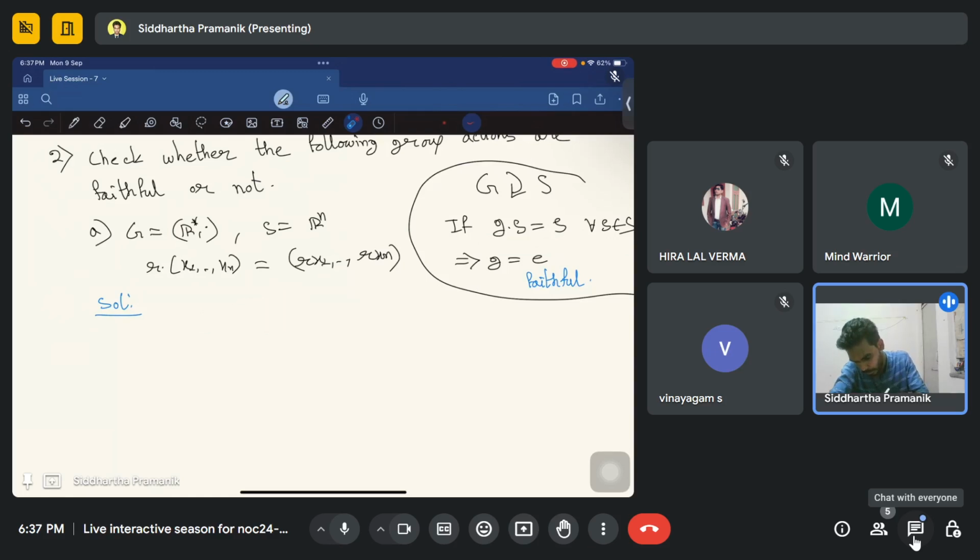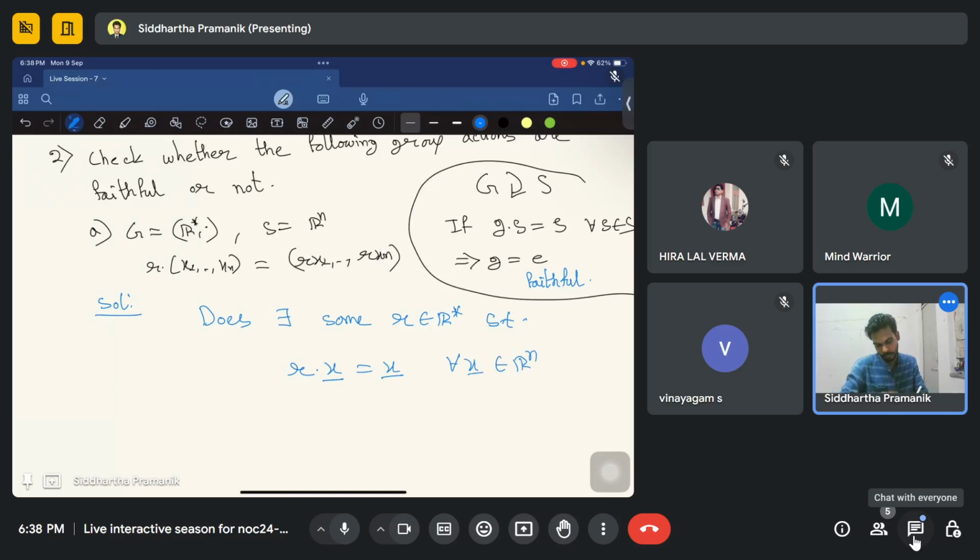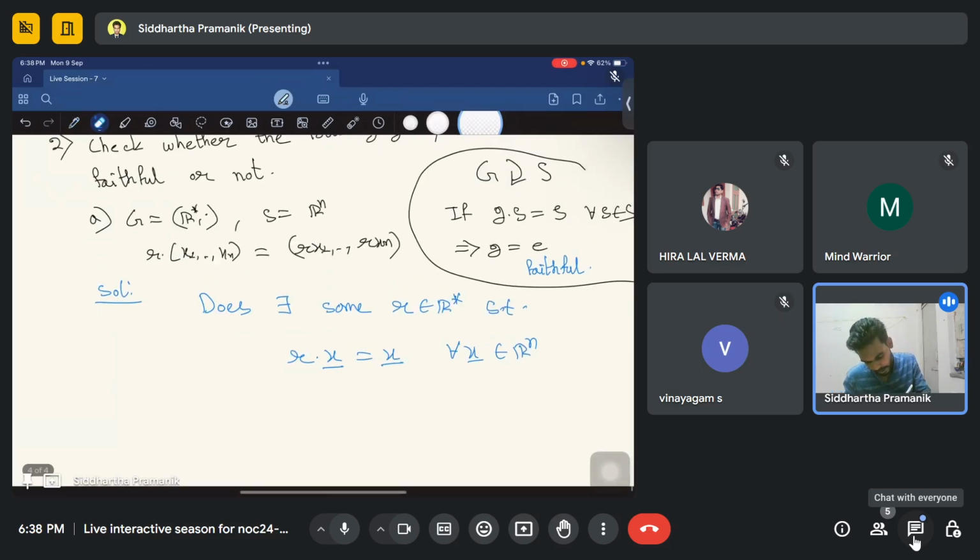So the question is, does there exist some r belongs to R star such that rx equals x for all x in R^n? So definitely r is 1, we can take 1.